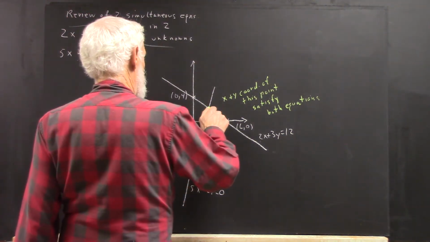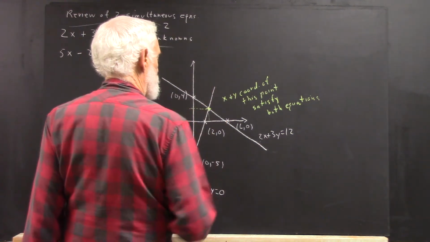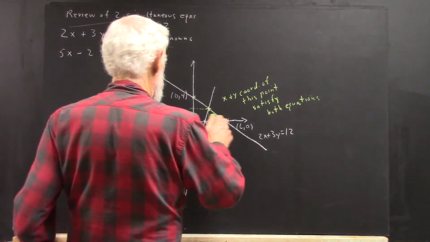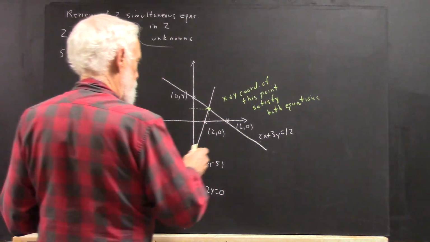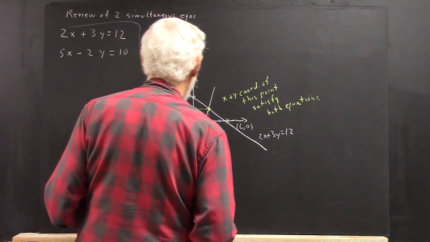Now I can estimate the coordinates of this point. Okay, if this is 2 and this is 6, then I think 3 would be about here and 4 would be about here.